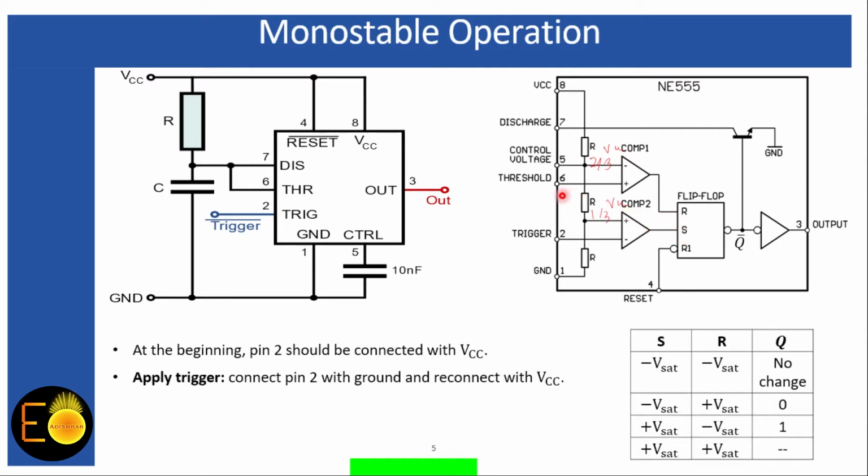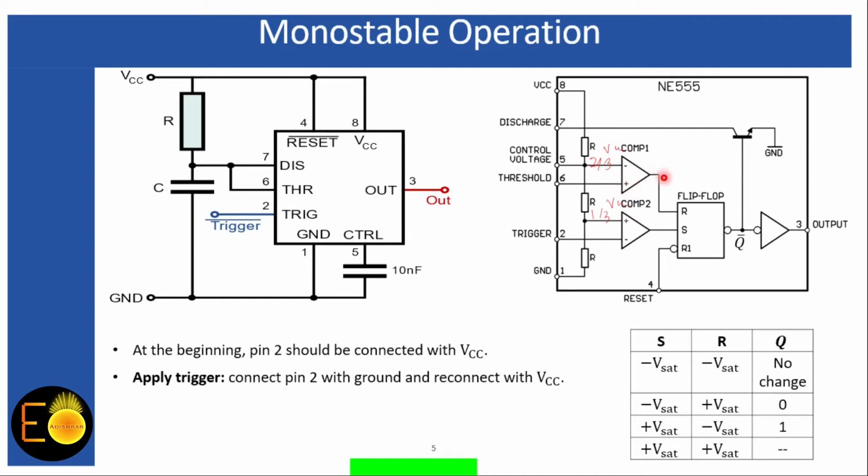On the other hand, since pin number 6 is connected with a capacitor which is initially discharged, no charge is held by this capacitor, so the potential at the non-inverting terminal of comparator 1 is also 0, whereas the potential at the inverting terminal of comparator 1 is 2/3 of the VCC, which is higher than the potential at its non-inverting terminal.